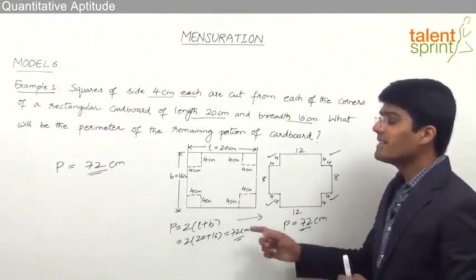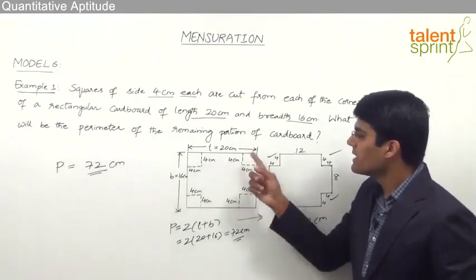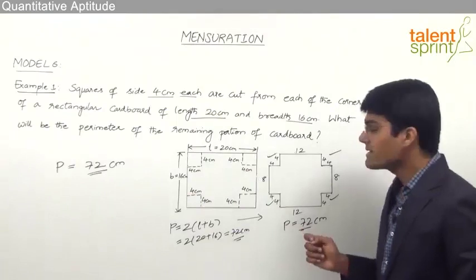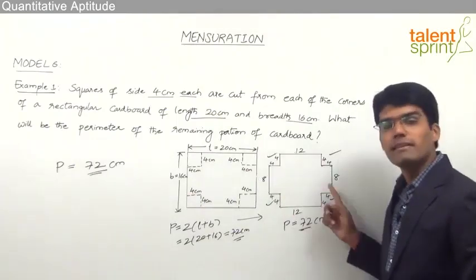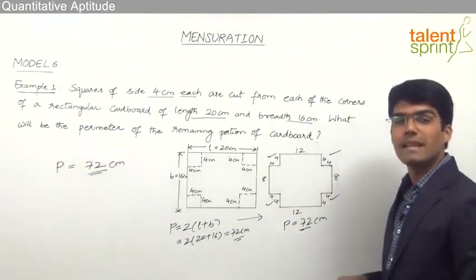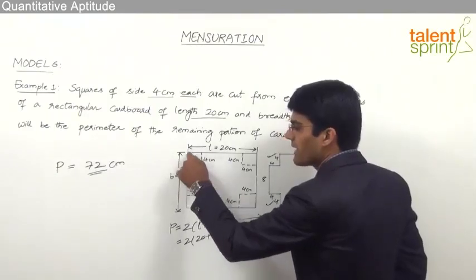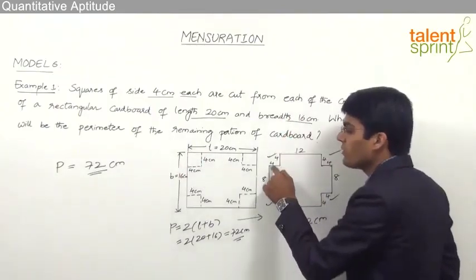Let us understand why this happens. Why does the perimeter remain the same? If you observe, after cutting out 4 squares from each of the corners, the shape of the cardboard completely changes and hence the area will also change, but perimeter remains the same because the 4 and 4 in the original rectangular cardboard here have become 4 and 4 inside.